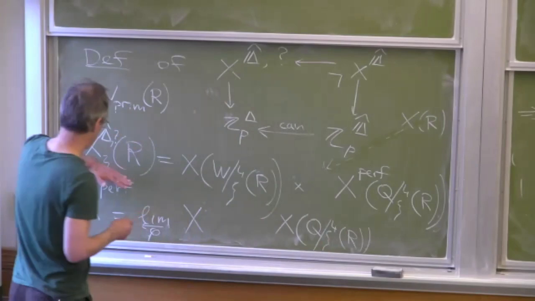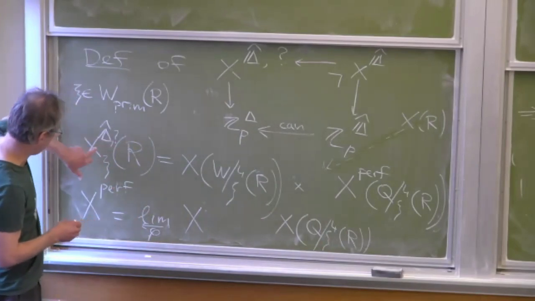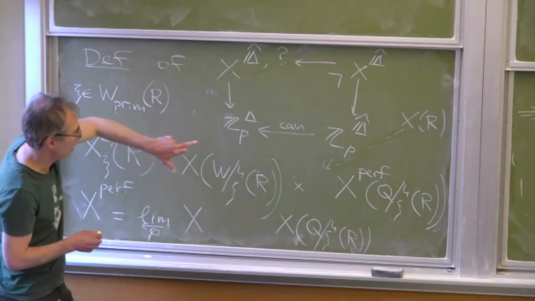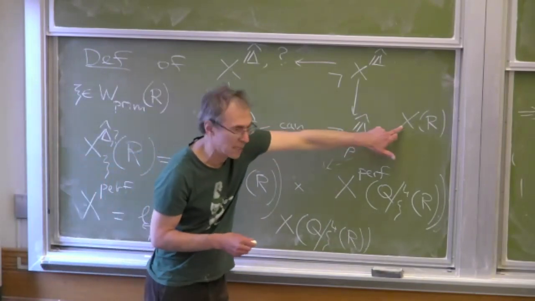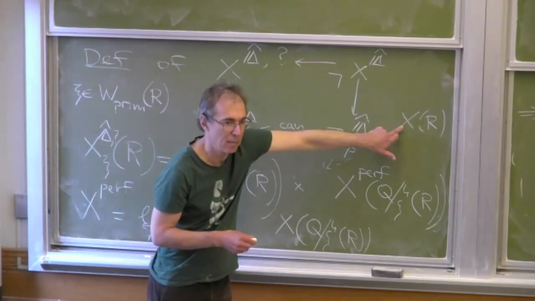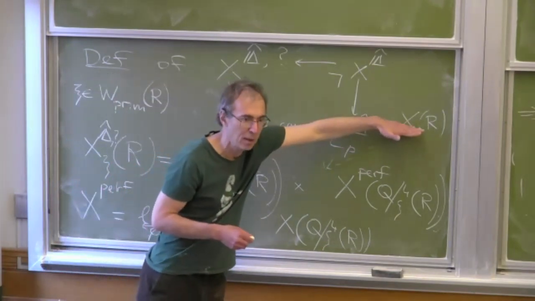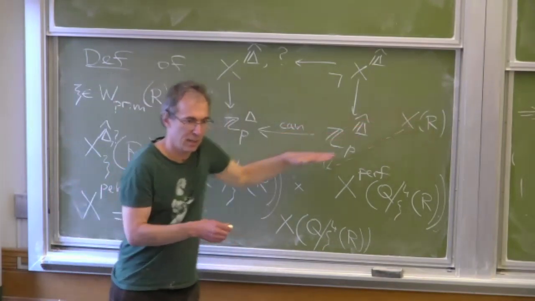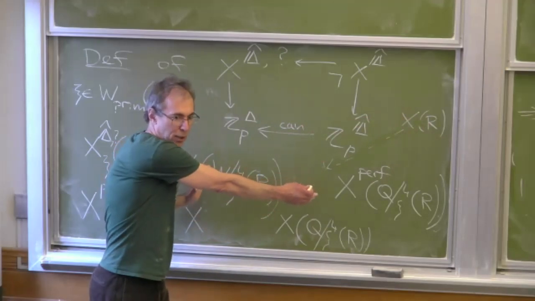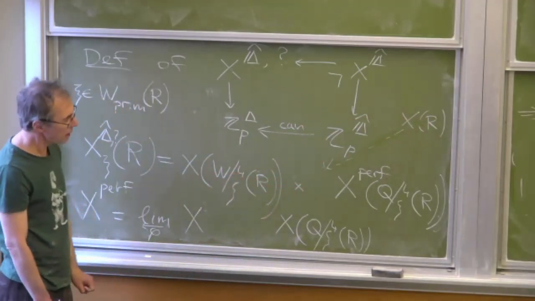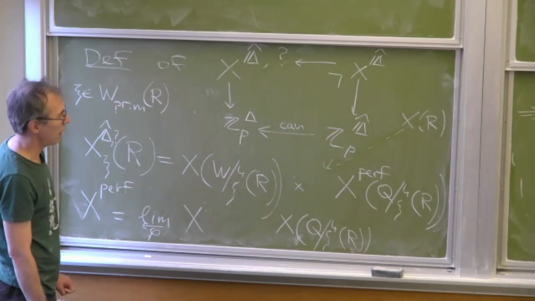Because our goal was not only to construct X prism question mark, we also want to have a map from X times ZP prism to this object. So we want to have a map from this set to this groupoid. That's slightly trickier here.